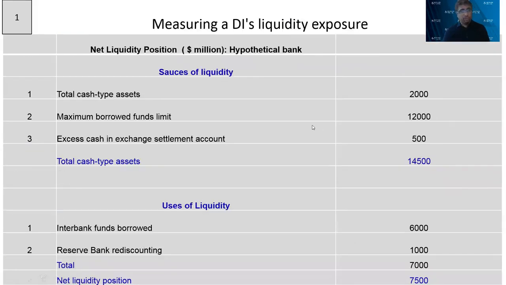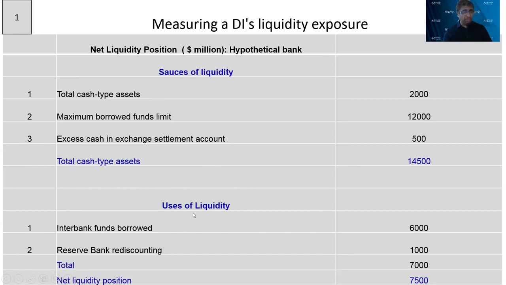Now, this is another look at the net liquidity position, but this depends on the period you take. In this period, for example, they take total cash type assets. They take how much they can borrow. This is how much they can sell from their assets. This is how much they can take from the central bank. So it's 14,500. This is just another example.